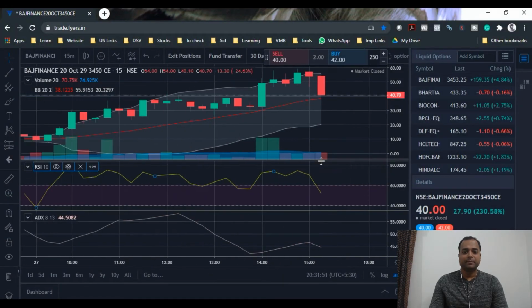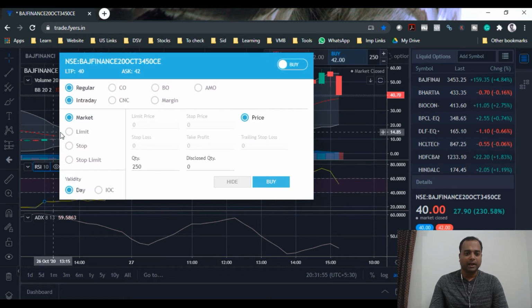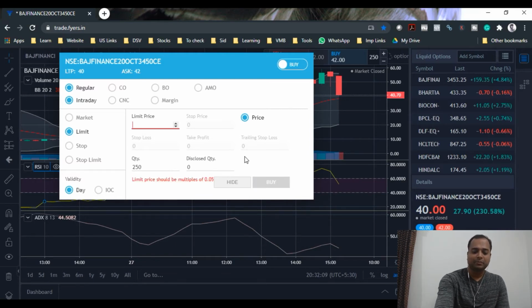So this is my Fires account window. When you go to buy order, again you can specify a limit price. So let us assume that the price currently is 40 and you are saying that you will buy it only when the price comes down to 38.